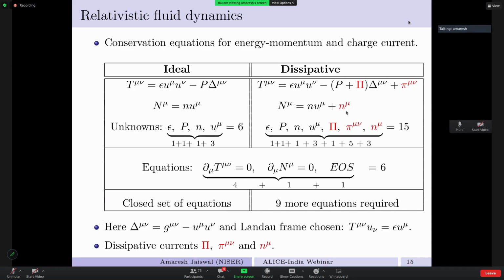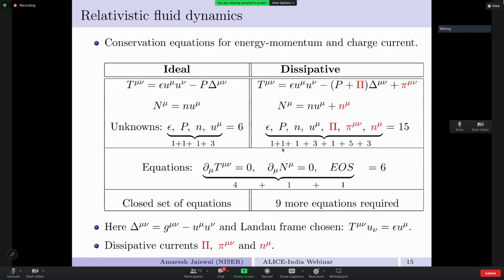And n mu is the charge current. For example, if I put a voltage across the medium, then how is the electric current transmitted, and so on. This is a change of particle flow or charge flow, depending on how you define your N, the density.